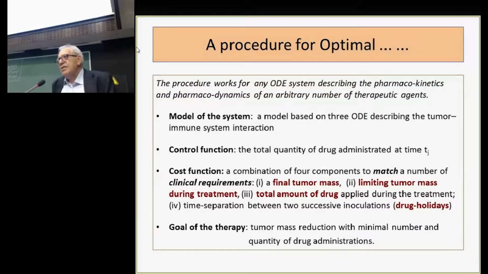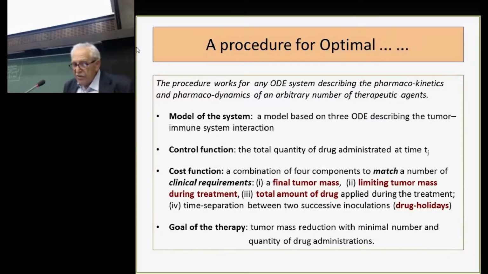So that means you give drugs in a continuous way. They managed to adapt this procedure to use delta functions. I mean, in simple terms, I give a tablet to you. I give you one drug and that's it. And they control the total quantity of drug administered.